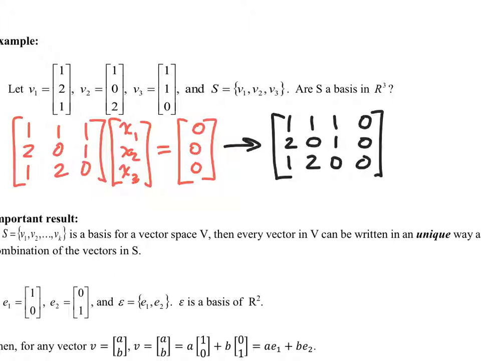The second one. So I got 111, 201, 120. That's good. So I screwed it up in the calculator? If I did, I'm not seeing it. No, I'm good? All right, thanks, man.